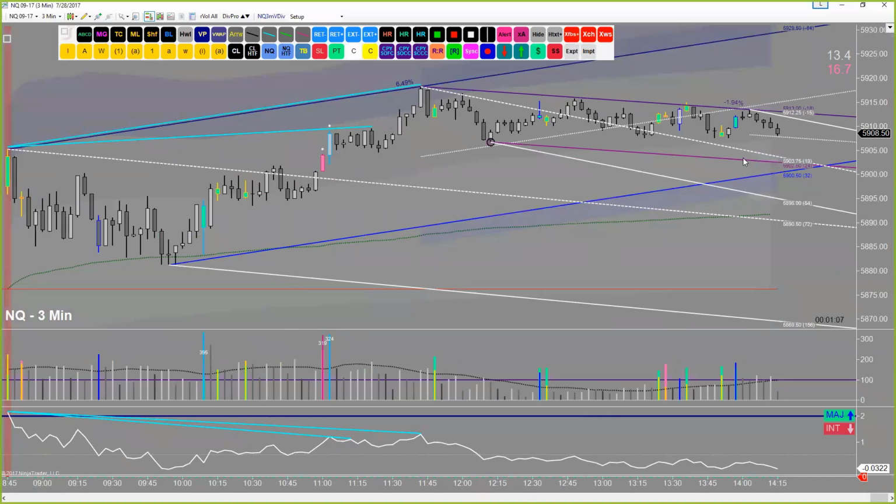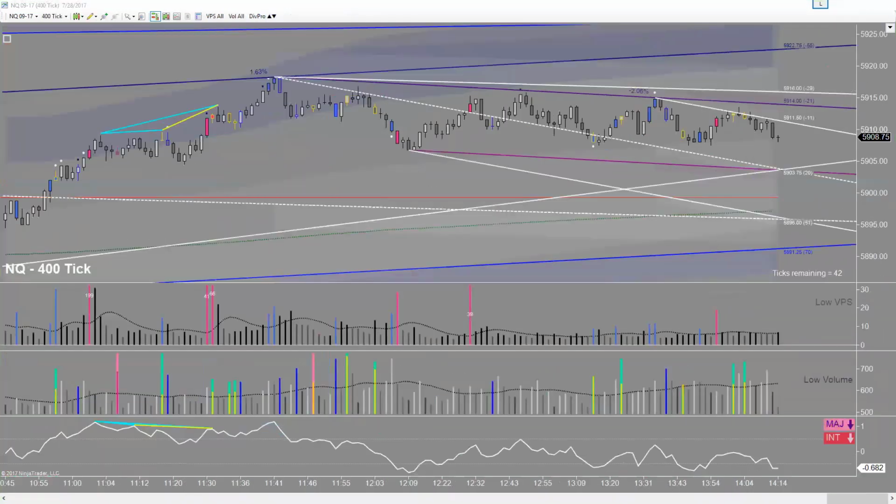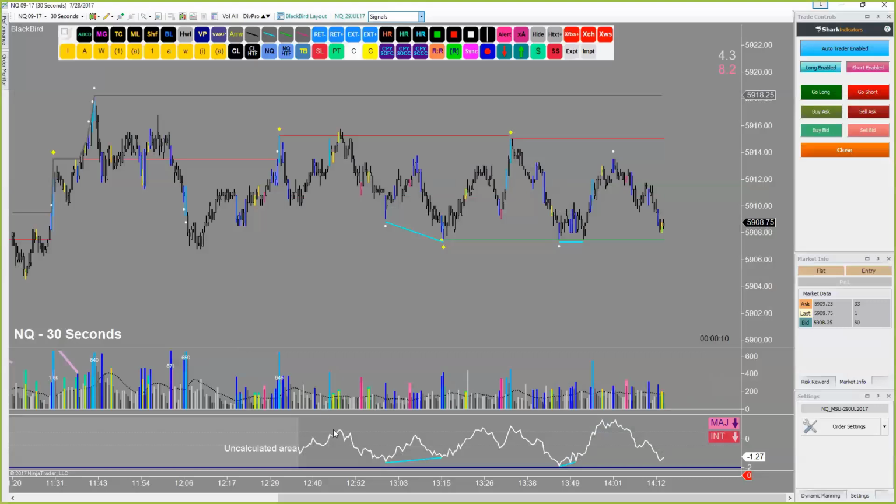And we have this channel actually showing up a little bit sooner than this upsloping channel. So it looks like it's probably not going to actually make it to the bottom of the channel in the 3-minute. Let's see. I'm going to make sure that shorts are disabled here.